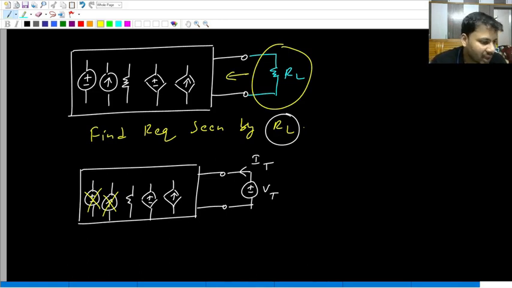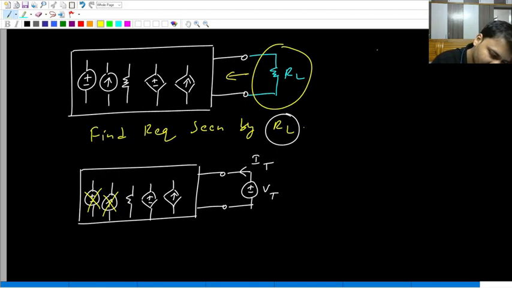Okay, Srinivas is asking, what's the difference between the terms cascade and cascode? We'll come to that when we study BJT amplifiers. Cascode is a special case of cascade. Cascade is a very general thing. Cascade means if the output of one stage is connected as input for the next stage, then we call it cascade.